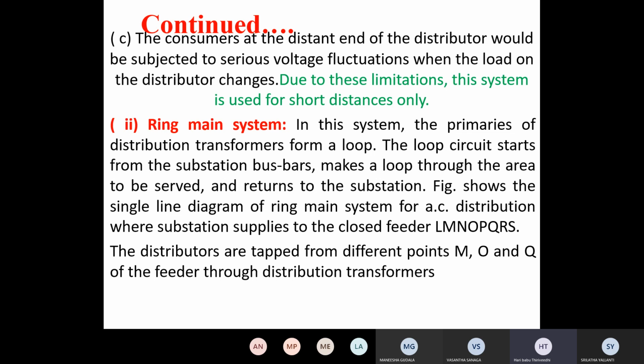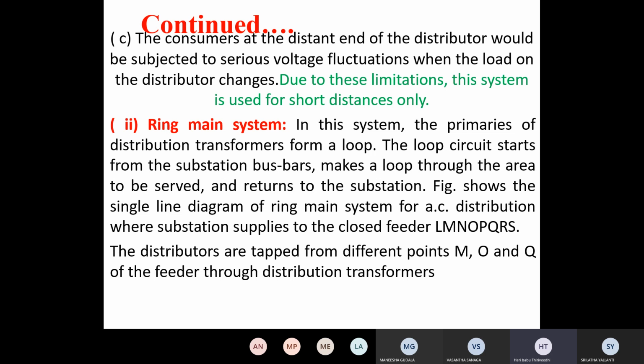In this system, the loop circuit starts from one substation or bus bars. It makes a loop through the area to be served and returns to the substation. That is nothing but maintaining a loop. Suppose the feeder starts at the substation, travels some distance, and comes back, ending at the feeder's starting point.